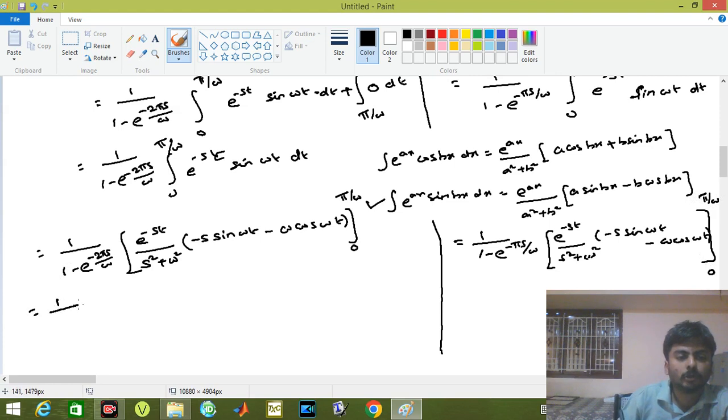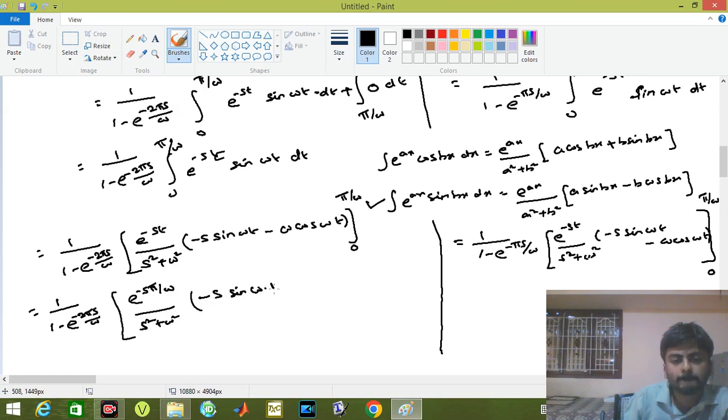So here 1 divided by 1 minus e power of minus 2 pi s by omega into e power of minus s pi by omega divided by s square plus omega square, of minus s sine omega into pi by omega, minus omega cos omega into pi by omega, minus the lower limit.